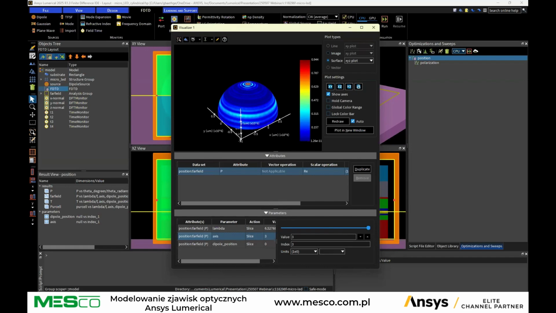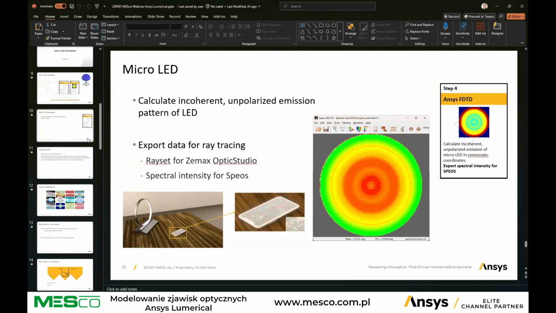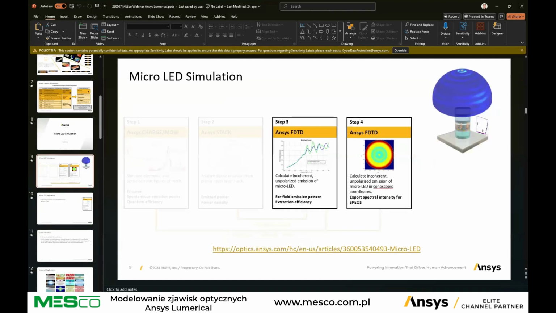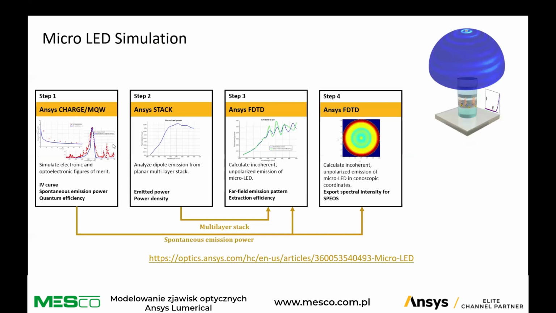So if you remember what I was saying when I was talking about the very first description of the workflow, the first step we can use is to use the MQW solver to calculate the spontaneous emission spectrum of that LED. But this spectrum will depend on the polarization.